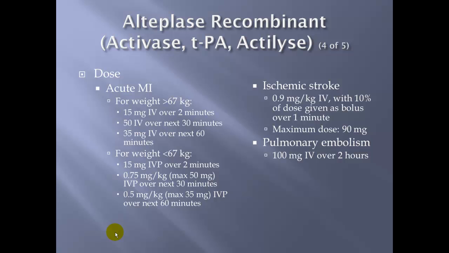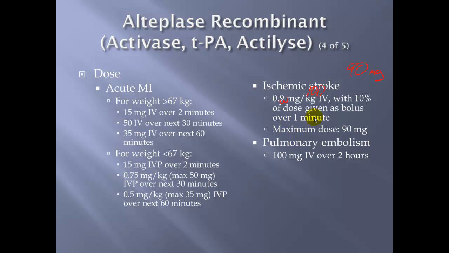For ischemic stroke, 0.9 milligrams per kilogram IV with a 10% dose given as a bolus over 1 minute. So after we get the initial dosing on this, let's say that the person is 100 kilograms, 220 pounds, that's going to be 90 milligrams of Activase.